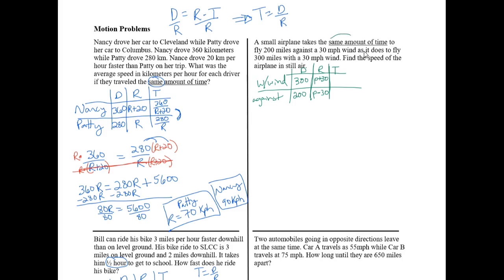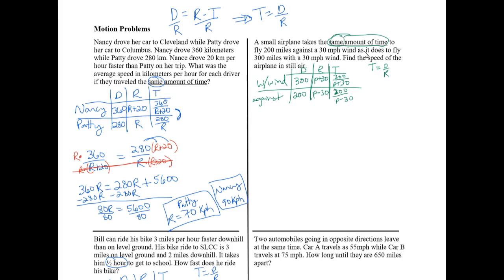Now, again, that key was this phrase, in the same amount of time. So these boxes of time, we're going to use time equals distance divided by rate. So 300 divided by p plus 30, and 200 divided by p minus 30.